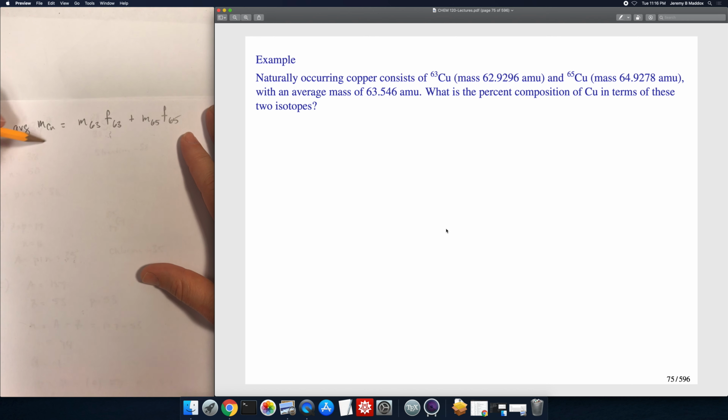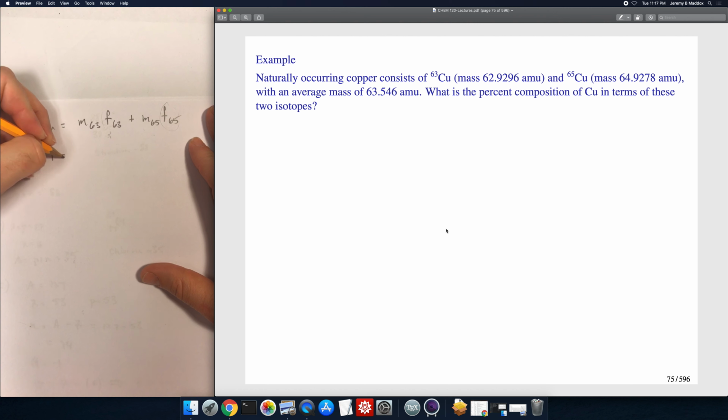So we know this number, and we know the 2 masses, and we're being asked to solve for the fractional abundances. Notice that we have 2 unknowns, but only 1 equation. And you may remember from algebra that that's an unsolvable situation. However, there is a second equation that we can use. We can use the fact that the fractional abundances of the 2 isotopes need to add up to 1.